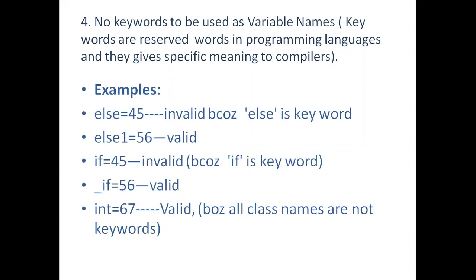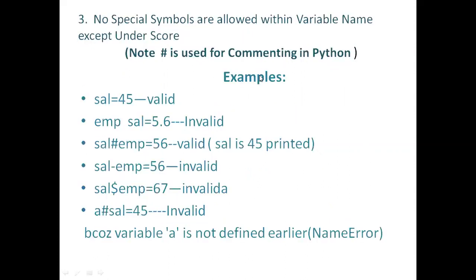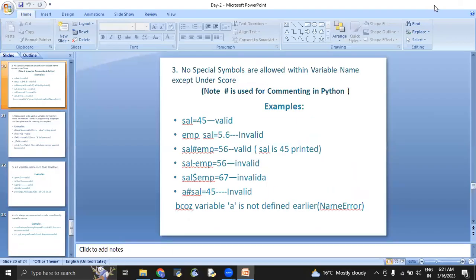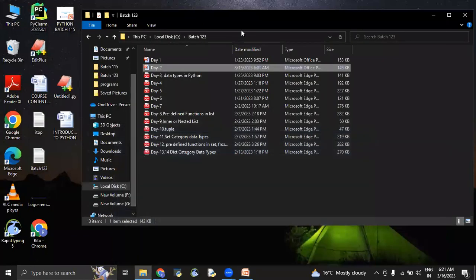A student asks: sal is equal to 45, hash sal is equal to 56, how is 45 printing? Okay, you want me to go through that just once? I'll show you, don't worry. See, here I have given the example: sal is equal to 45.